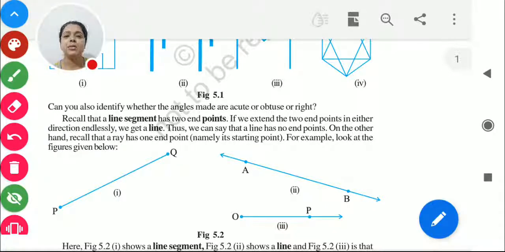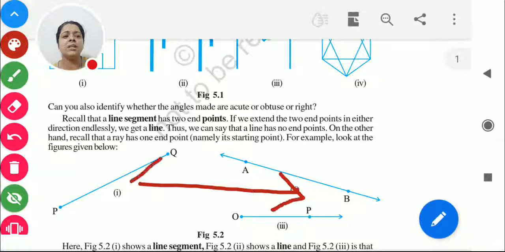Now, what happens if it has no end point? Imagine that it can increase from both sides, this side and this side. You can find two arrows on both sides. When the arrow is shown, it means the line can increase in any direction, to your left or to your right, towards the east side as well as the west side.